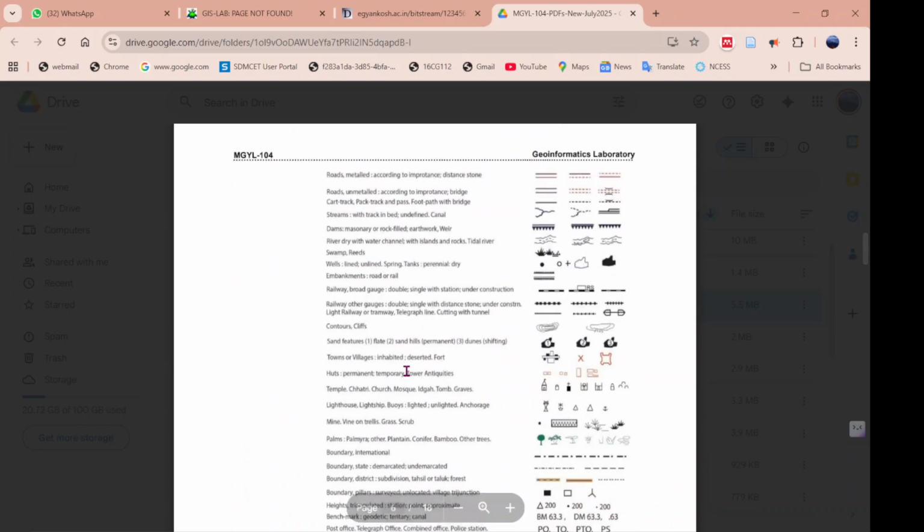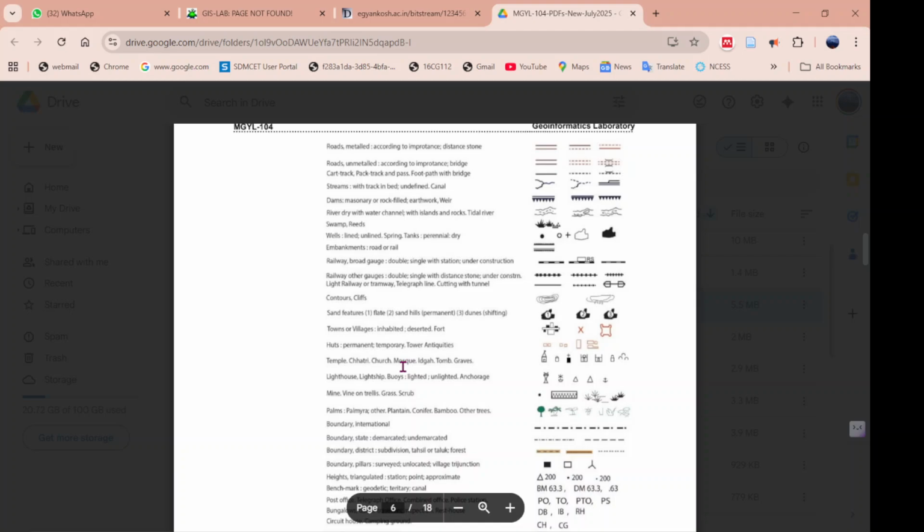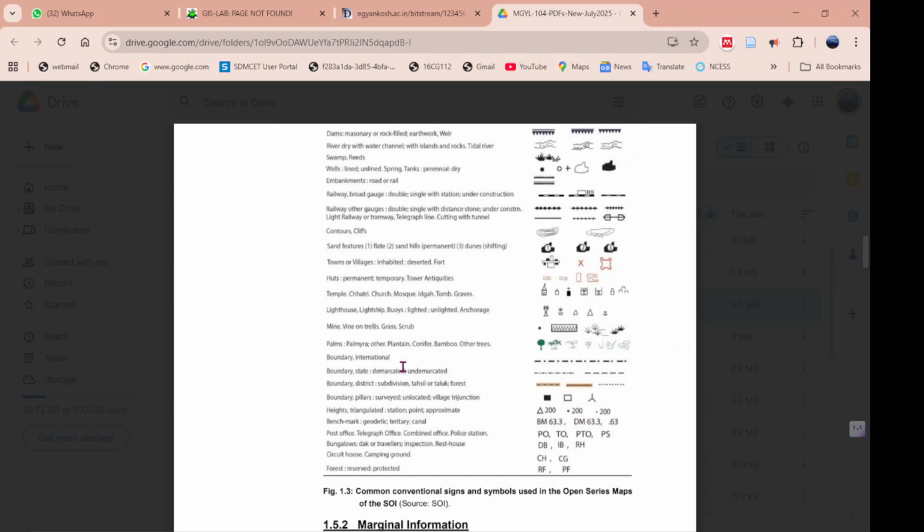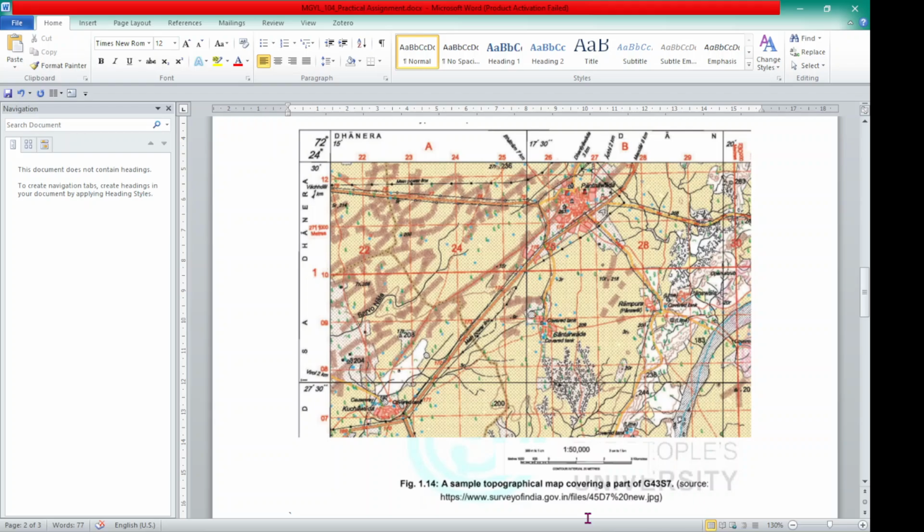These are the different symbols. So I'm finding it pretty difficult to find any relief features as such. There are definitely some spot heights. I believe that these are spot heights. We don't really know what exactly it could be. This could be some spot heights.